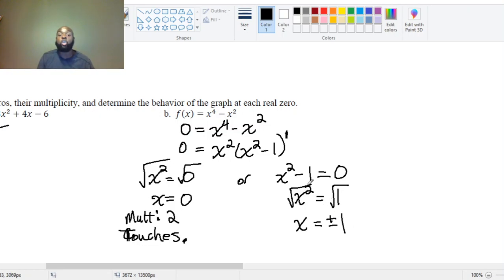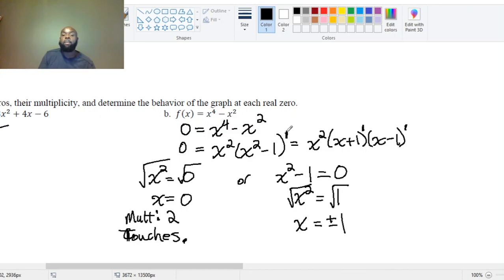This came from a square, right? This came from this thing to the first power, right? But the multiplicity is actually 1 here because I got 2 solutions from here. What we could have done here is x squared minus 1 equals x plus 1 times x minus 1, right? And so the multiplicity of x equals negative 1 is 1, and the multiplicity of x equals 1 is going to also be 1 here.